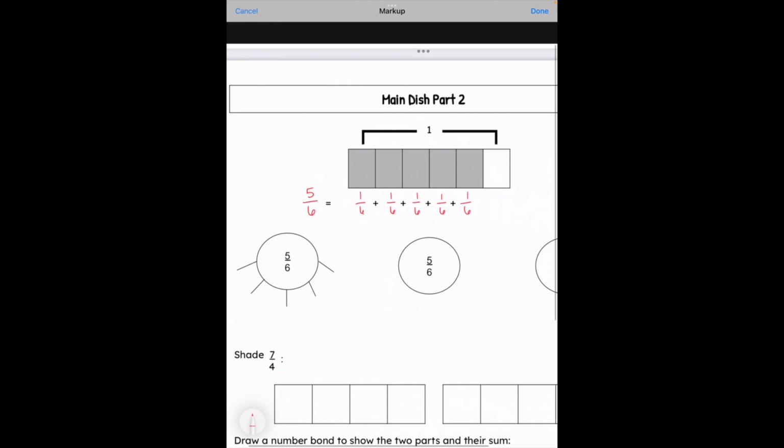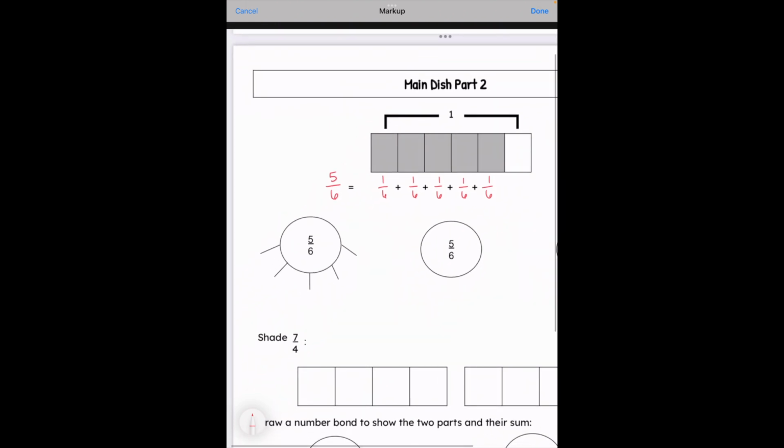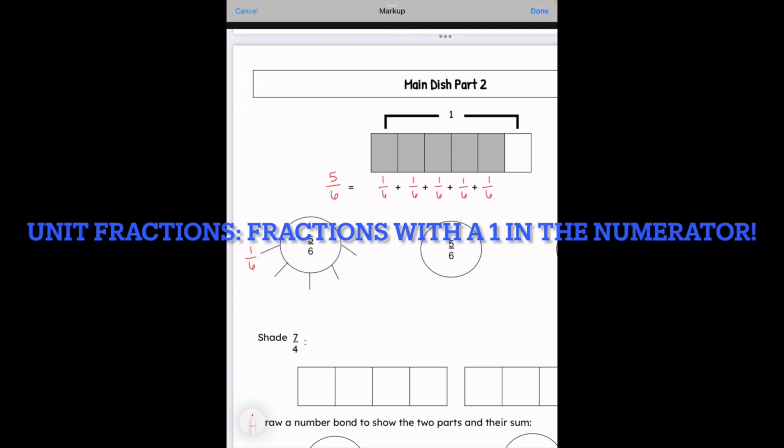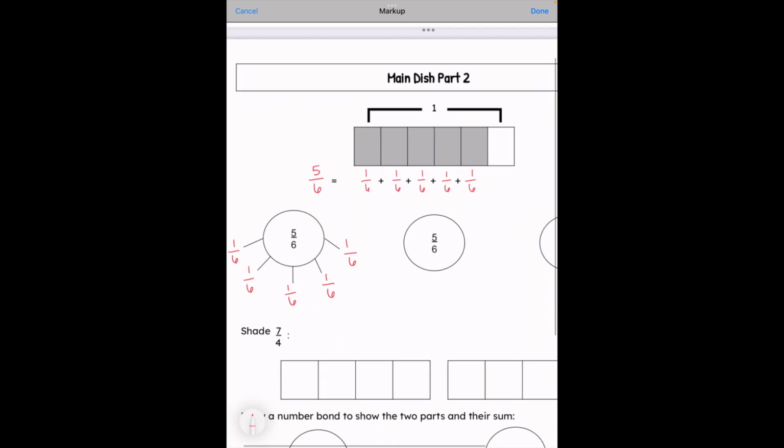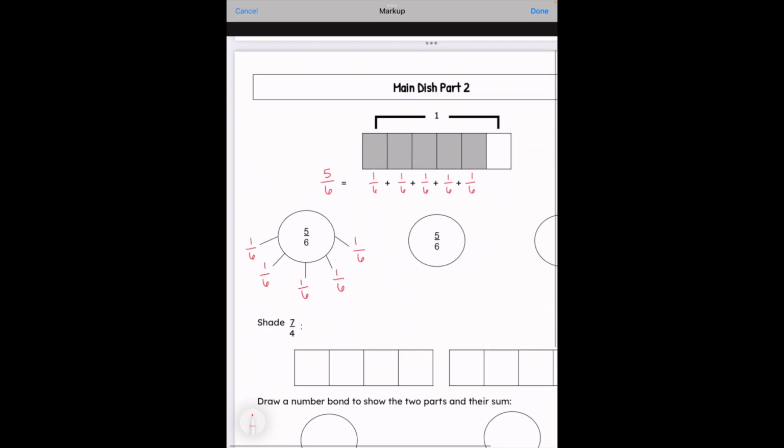We can decompose a fraction this way, where we take out all of the unit fractions. So the unit fractions are fractions with a 1 as the numerator. And I can represent that using my number bond, but I can decompose this fraction a different way as well. Maybe I'm going to group these up, and I'm going to put 2 of the 6 pieces.